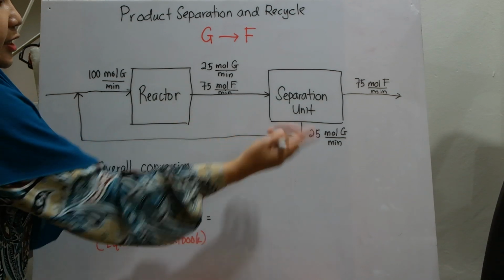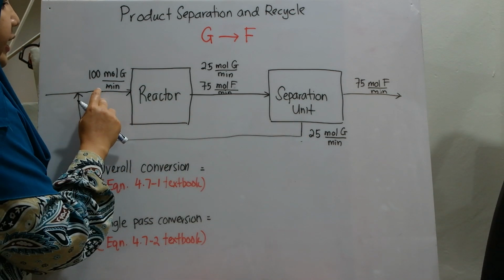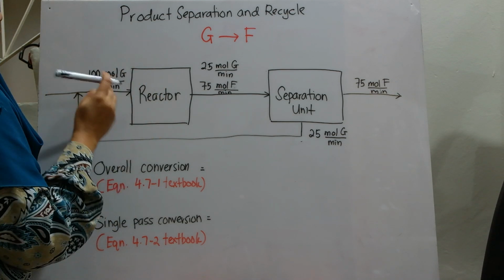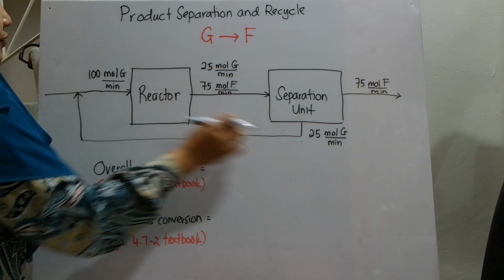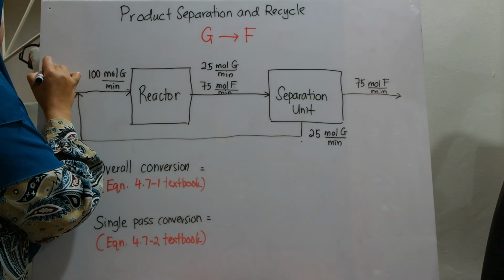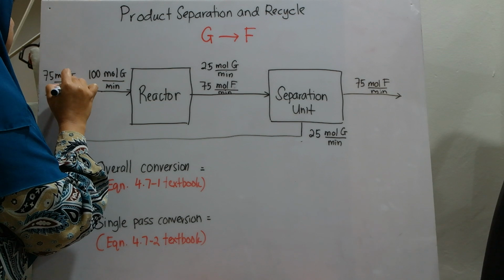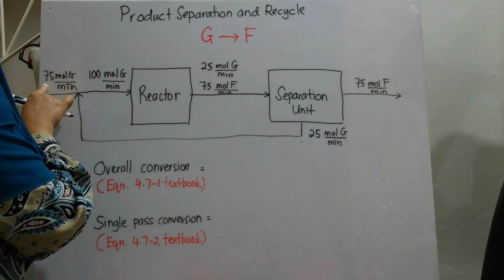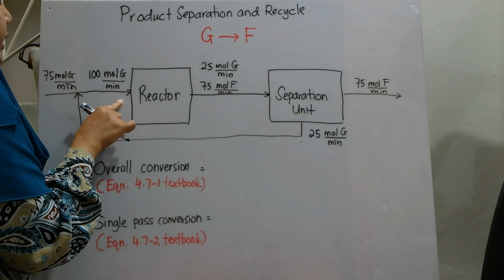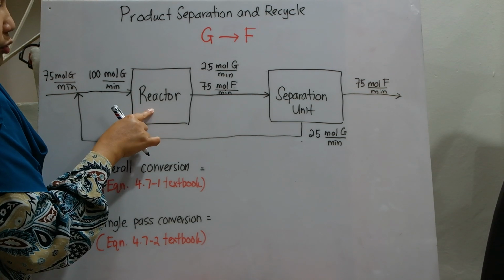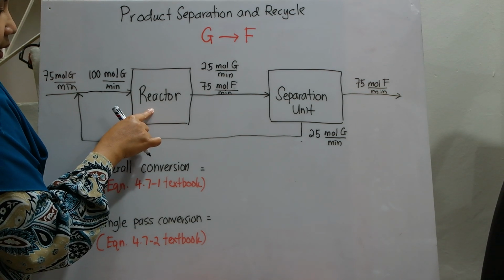So if this is 25, the fresh feed should be 75 mole of G per minute, because 25 plus 75 mole of G becomes 100 mole of G going into the reactor.